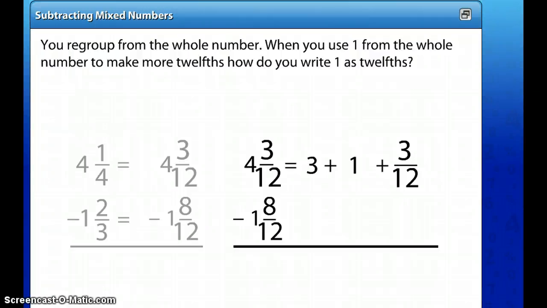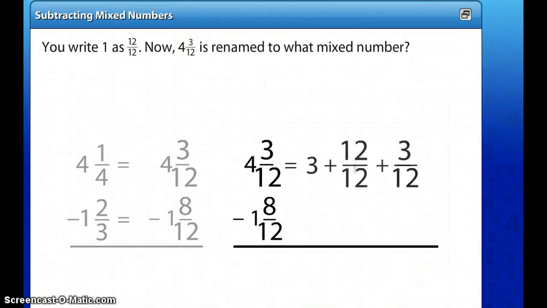When you use 1 from the whole number to make more 12ths, how do you write 1 as 12ths? Let's see what they say here. You write 1 as 12 12ths. Now, 4 and 3/12 is renamed to what mixed number? So now instead of 4 and 3/12, we have an equivalent fraction of 3 and 12/12.